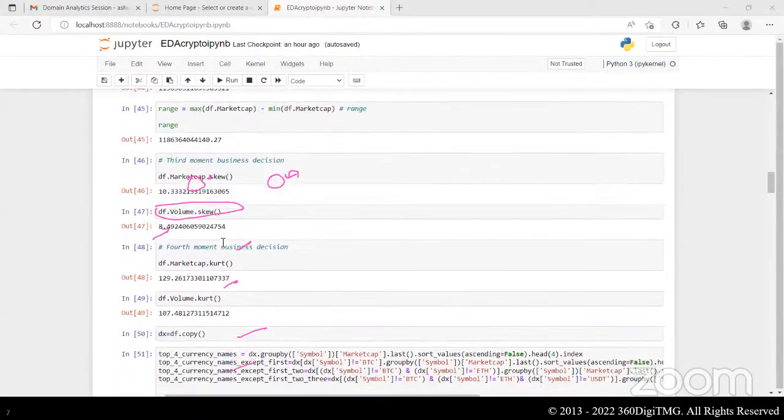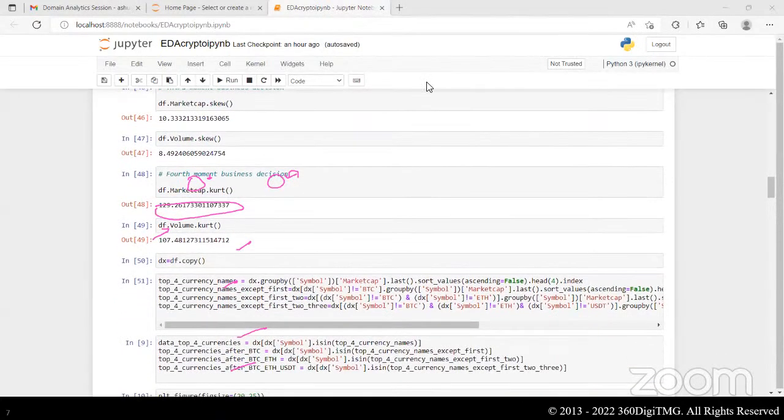Now, I'm saying dx is equal to df.copy, and it is showing me the top four currency names. I've taken the top four currency names by market cap.